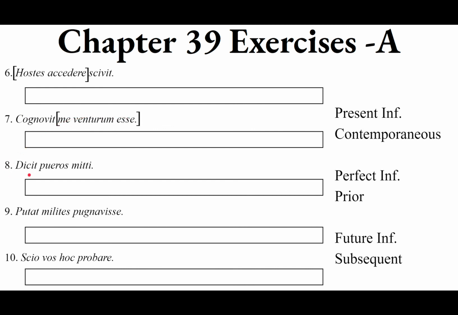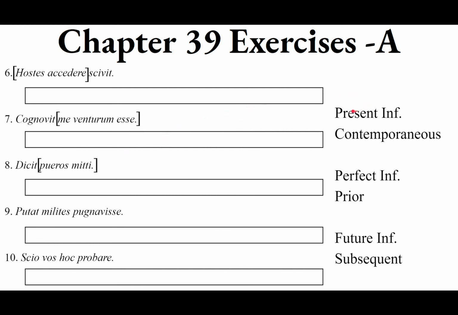Octava. Dicit pueros mitti. So dico, dicere, dixi, dictus, the king of indirect statement, to speak or say. That, the accusative subject of the indirect statement, is pueros, and then mitti, the present passive infinitive of mitto, mittere, misi, missus, to send.